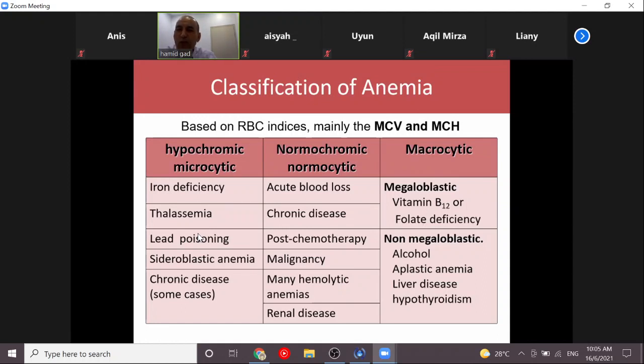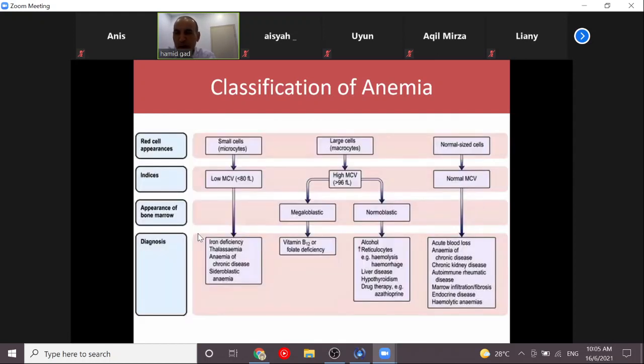You don't need to go and find the megaloblasts. Only in very complicated or severe cases. So for anemia, usually there is no need to do bone marrow. Clear, the same thing.